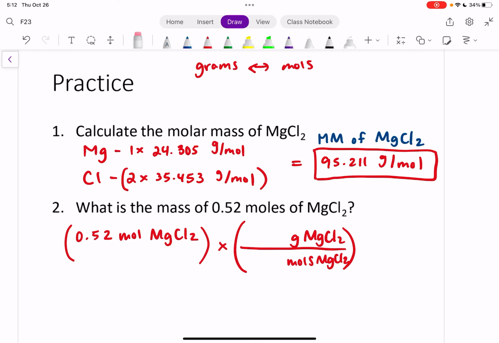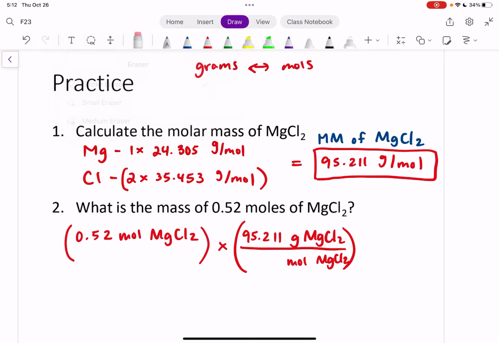Think about it. All right, so hopefully you thought about it. Remember, this piece here is our molar mass. That's what connects grams and moles. So the number of grams is given by the number of grams in your molar mass, which is 95.211 in this case.